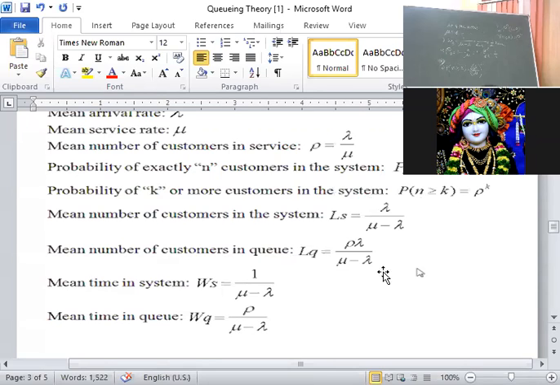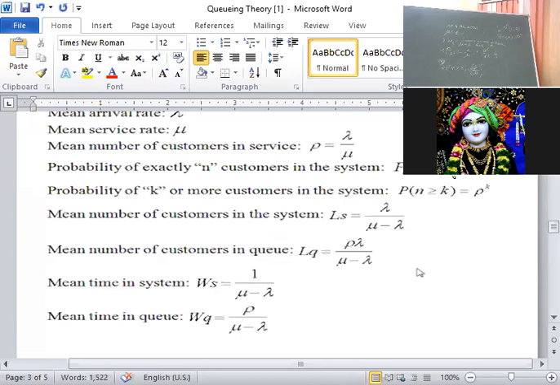Yes. But ma'am, these are considered for the system. How can we count it in the queue? If they are in the queue, they are waiting for service. That means whenever the service is given, only then will the customer depart in these two cases.